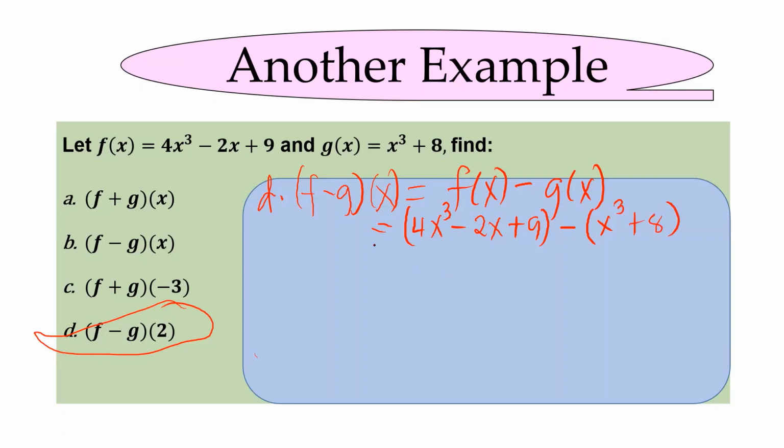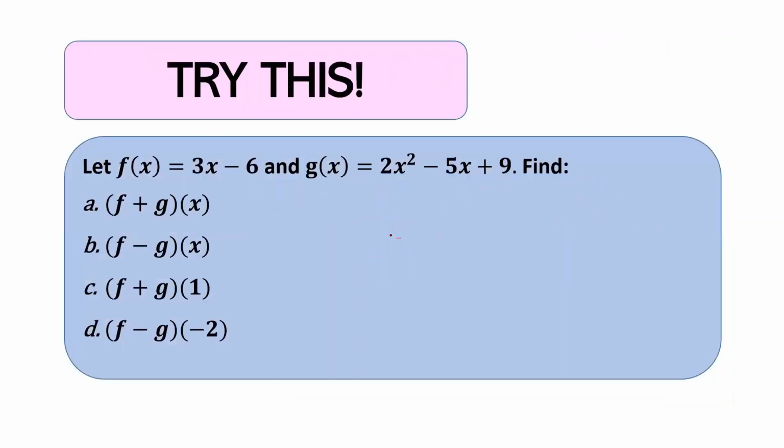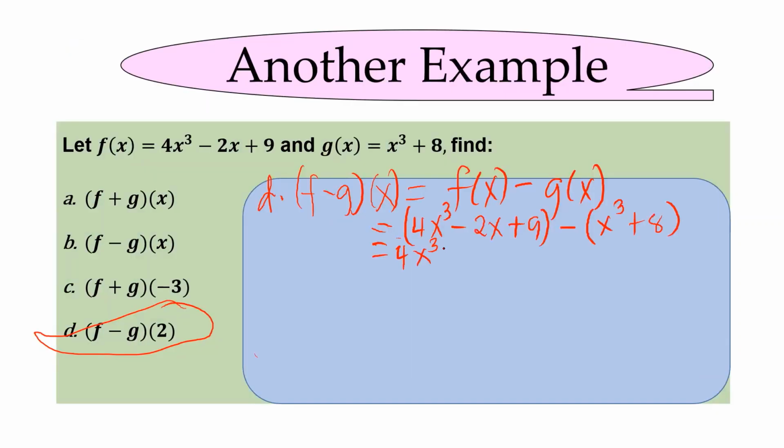Then, of course, you have to remove the parentheses, bring down 4x cubed kasi walang numerical value dito na pwede nating i-multiply. Then, minus 2x plus 9. Dito, ma-change po ito kasi we have to multiply negative times positive, negative x cubed. Negative times positive, therefore negative 8.